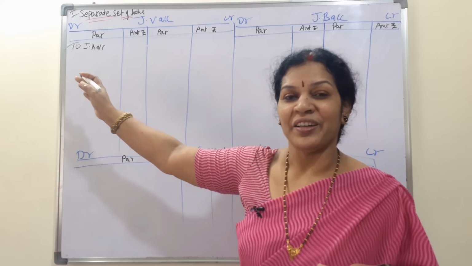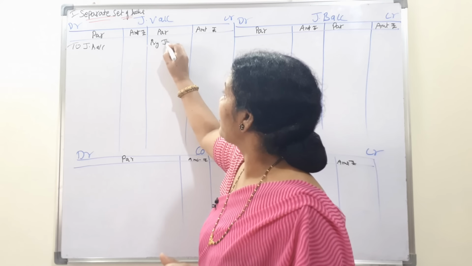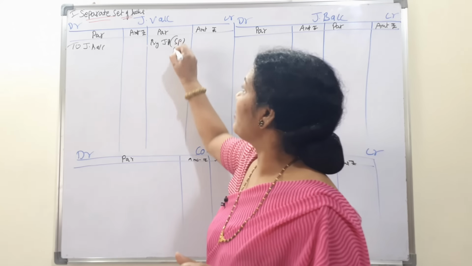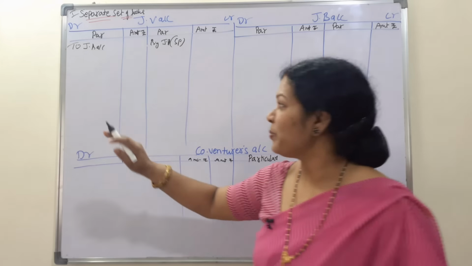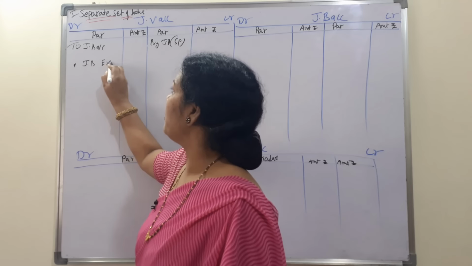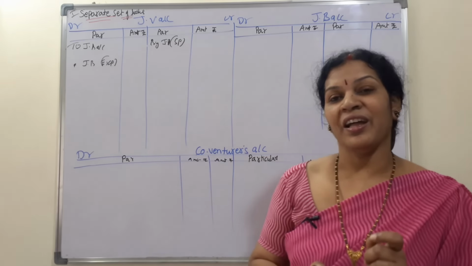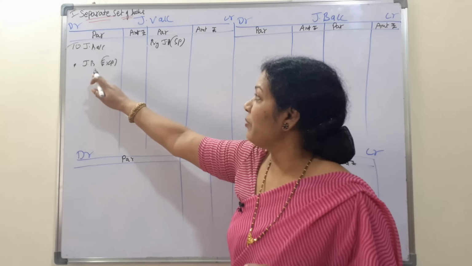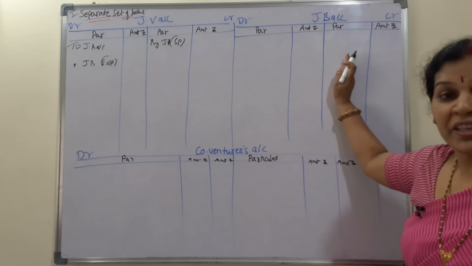And selling goods, for that also you will say by joint bank, in brackets sale proceeds. Expenses also you will say joint bank, in brackets mentioning expenses. Are you getting it?